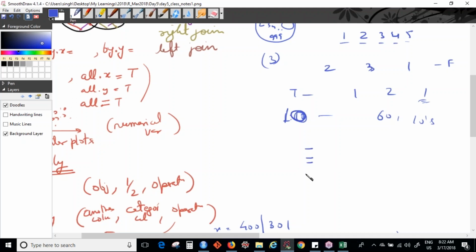So you will have 6 rows and you will have 10 columns, since you have given size is 60, and all of them will be filled by 10. Okay, this is what it means. All of them will be filled by the same number 10 because you are sampling from a population of 10. What are you getting when you run this?